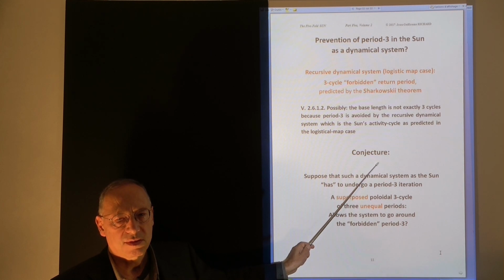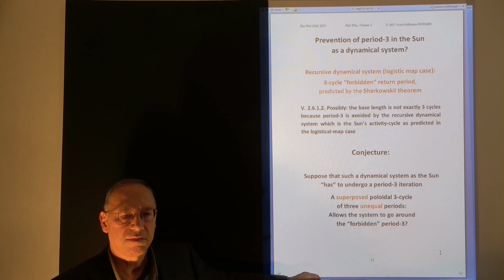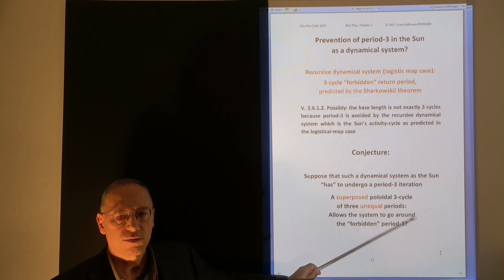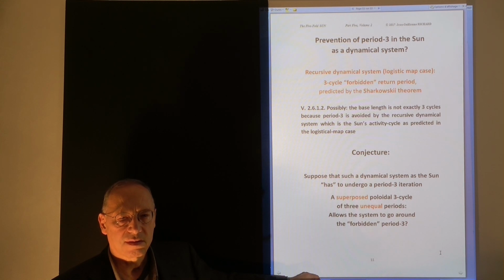Maybe we can propose this conjecture: that in the Sun as a dynamical system, if it nevertheless, for some reason, has to undergo a period 3 iteration, and it doesn't through a repeat of the Schwabe cycle, the superposition of a cycle of 3 unequal periods in another dimension of this sphere, in this case an axial, poloidal dimension, would allow the Sun as a dynamical system to somehow go around the forbidden period 3 behavior.